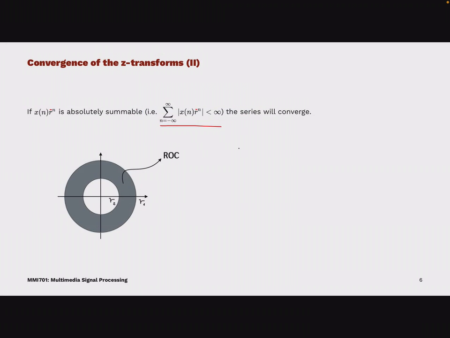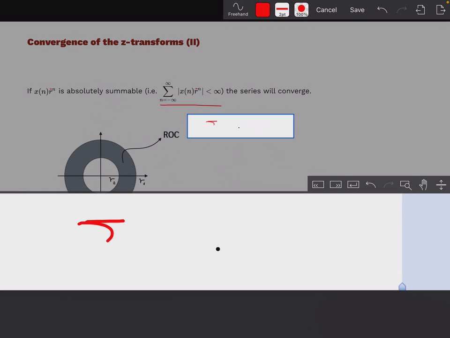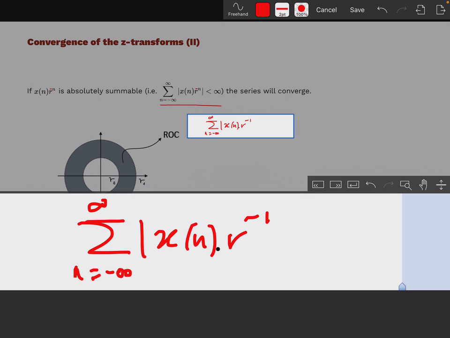So let's write this down to get some information about where the region of convergence is for a general signal. So let's go ahead. What more can we extract from this? Okay, so let's write it down. We would want to write our absolute sum, x of n r to the power minus n absolute, equals to.